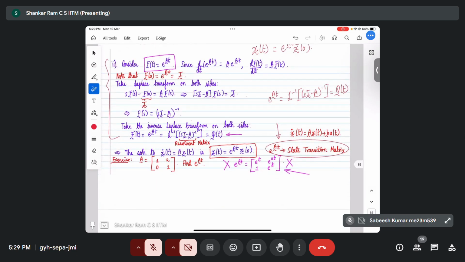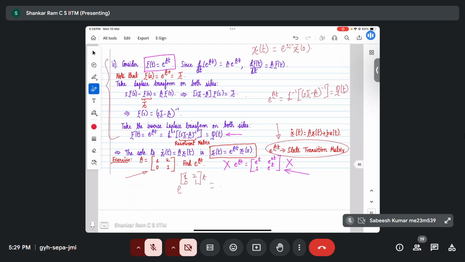However, just to get the discussion started, let's say we have a matrix A, which is [1, 2; 0, 1]. If I want to find the matrix e power At, which is the exponential of this, it is nothing but the exponential of [1, 2; 0, 1] t.